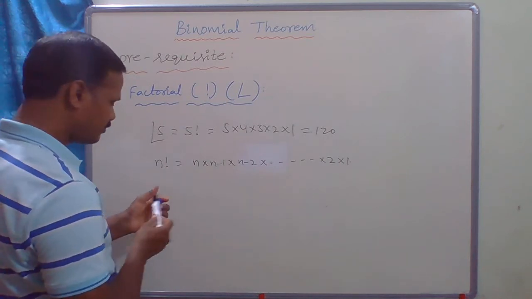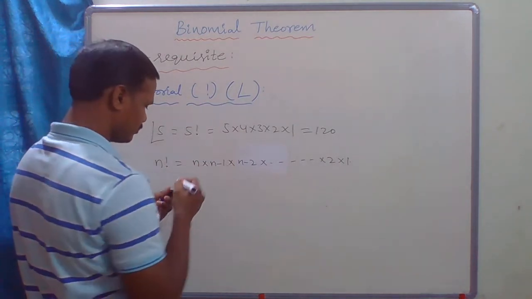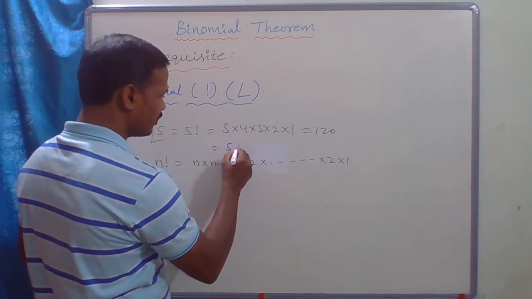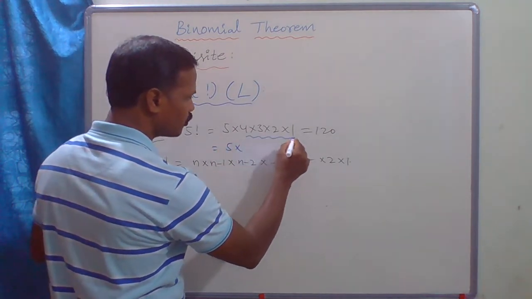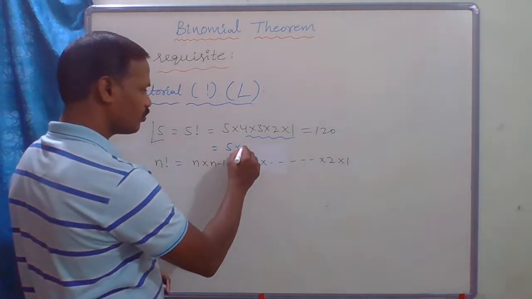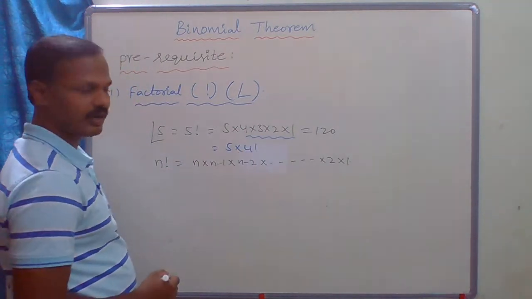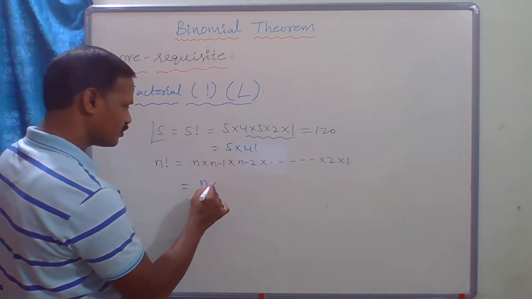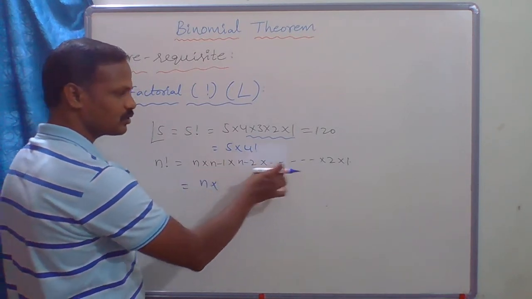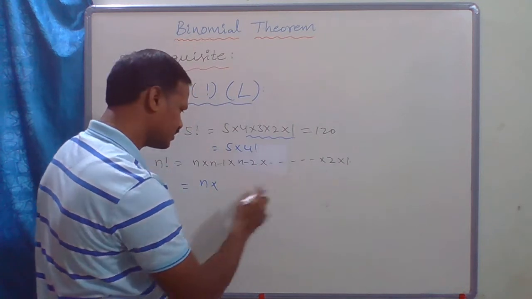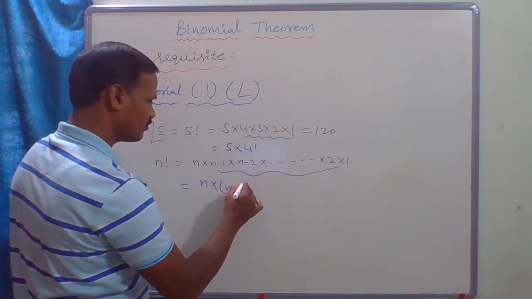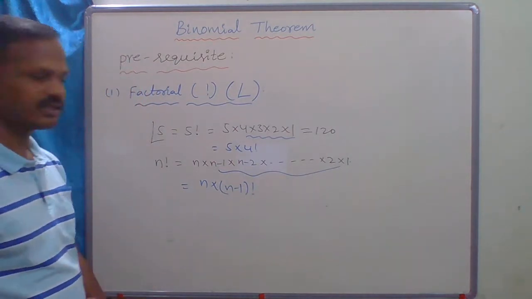Now here if we observe, 5 into 4 into 3 into 2 into 1 can be written as 5 into 4 factorial. Similarly, n into n minus 1 into n minus 2 up to 1, this part is n minus 1 factorial.